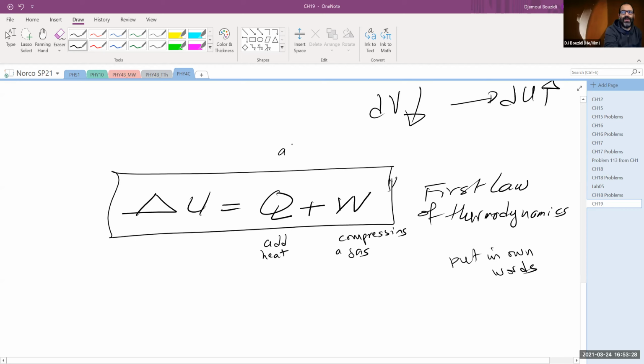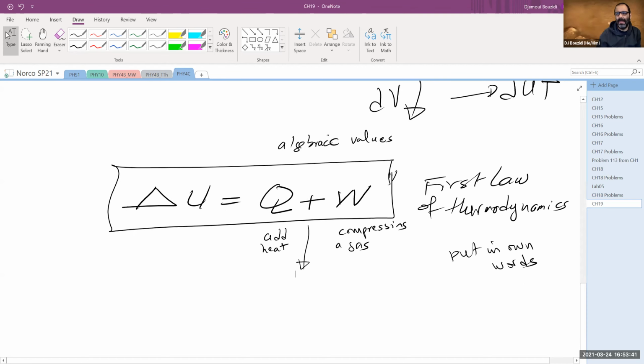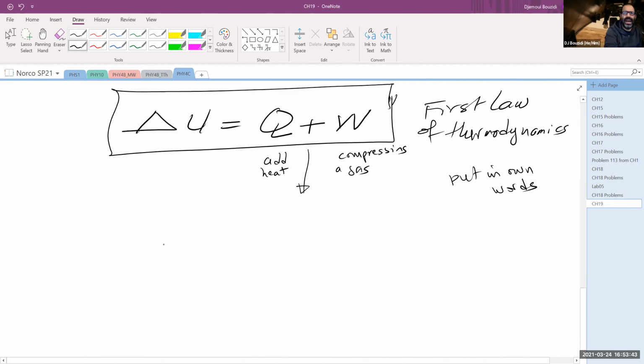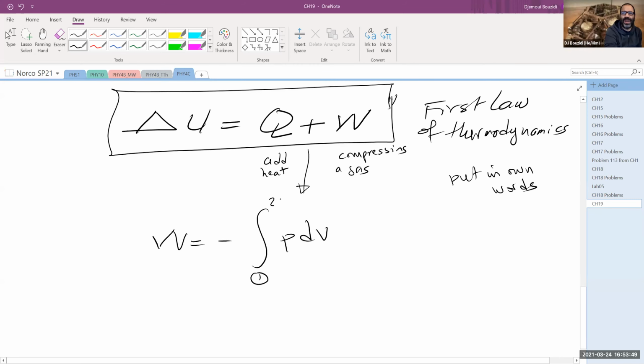This quantity is algebraic, by the way, meaning that it can be positive or negative. Your book uses the symbol negative in here because it defined the work differently, okay? Work is actually defined as minus the integral of PdV from initial to final.